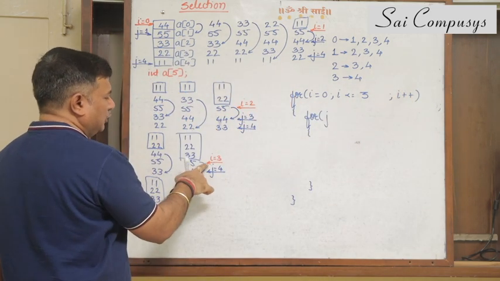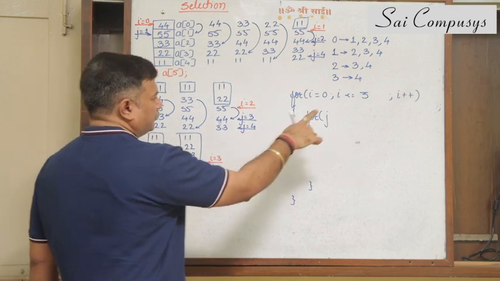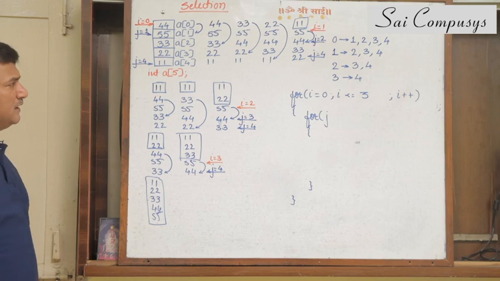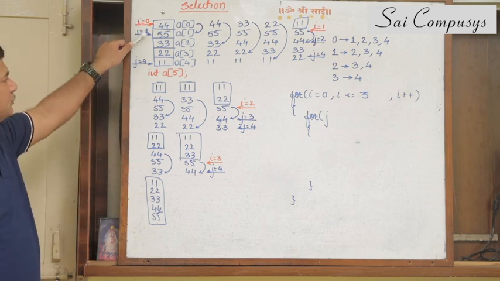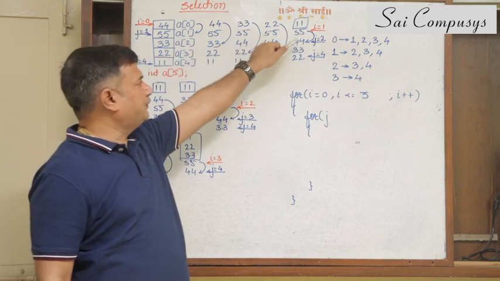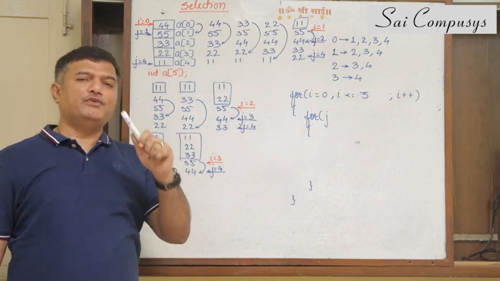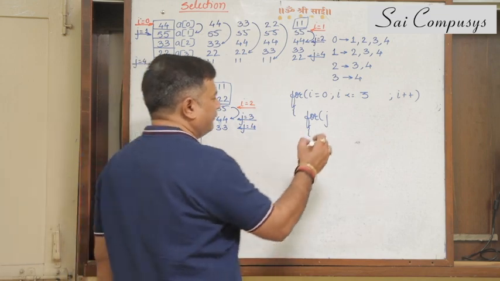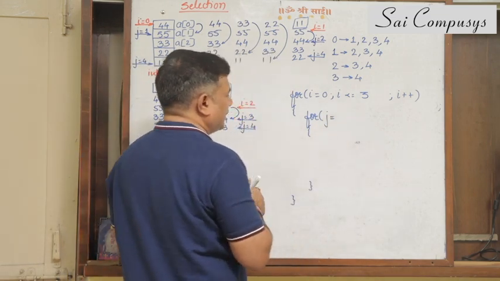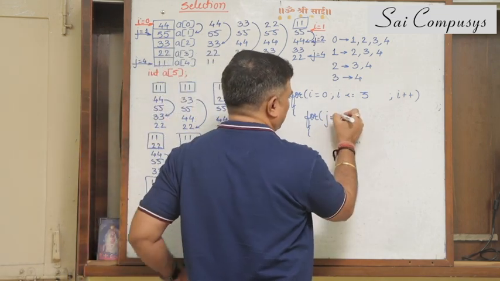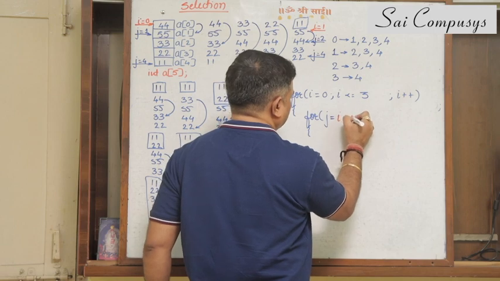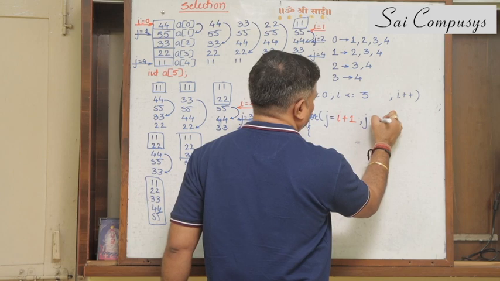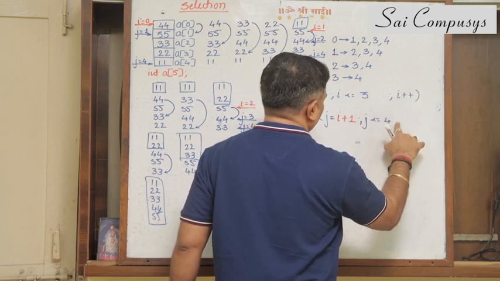You can see the loop of i varied till 3, so I am writing down 3 over here. Whereas for j, when i is 0 it starts from 1 to 4. When i is 1 it starts from 2 to 4. When i is 3 it starts from 4 to 4. So every time j is starting a position below i, so I will write down i plus 1. And every time the value of j is varying till the last element, that is the 4th element.